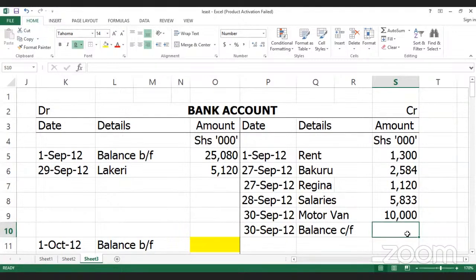So how much is our balancing figure, members? When you get the totals on the debit minus totals on the credit, how much do you get as the balancing figure now?